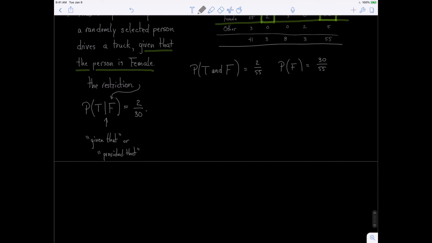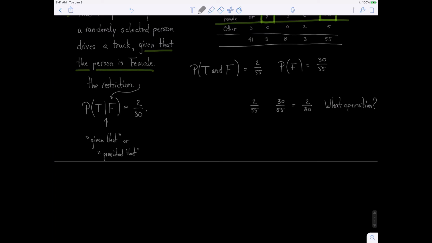So here's what we know. We have 2 out of 55, and we have 30 out of 55. Somehow, with those 2 numbers, we want to get to 2 out of 30. My question is, what operation do we use?